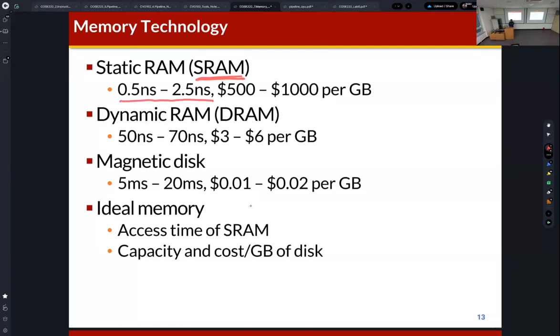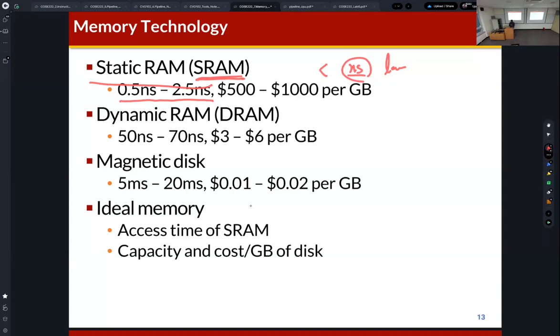The latency is around 0.5 nanosecond, and recently it's even faster than that. So it's around a nanosecond latency, or less than a nanosecond. So static memory is the fastest memory, and it's also the most expensive memory device.